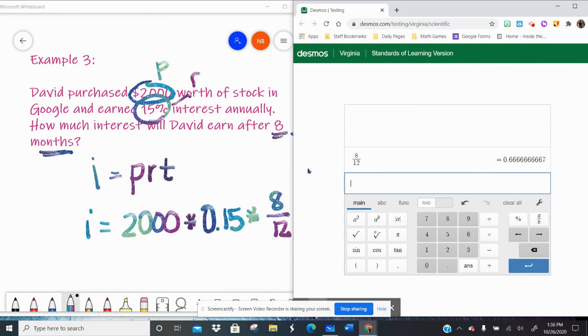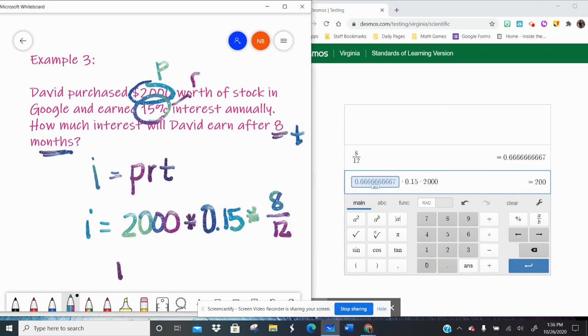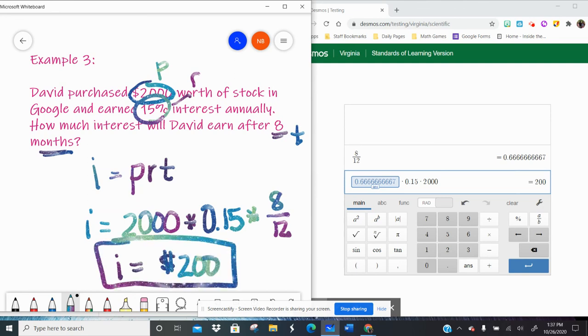Then when I go to answer my question, I'm going to bring down that 0.666 repeating times my interest rate, 15%, times 2,000. And so far in interest, he's earned $200. Boom. And let's make sure we answer the question.